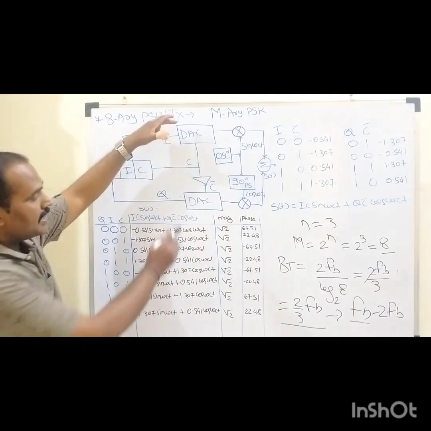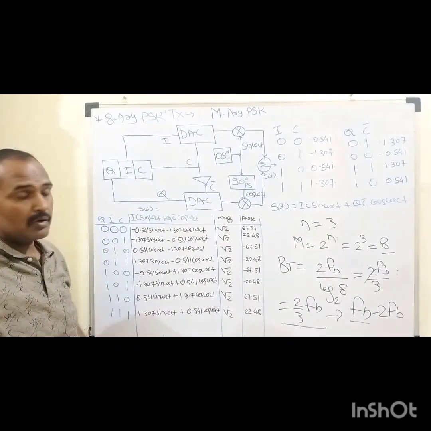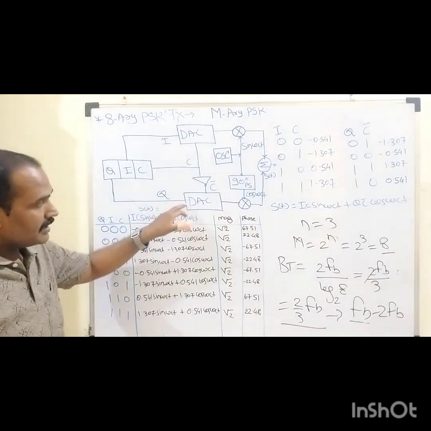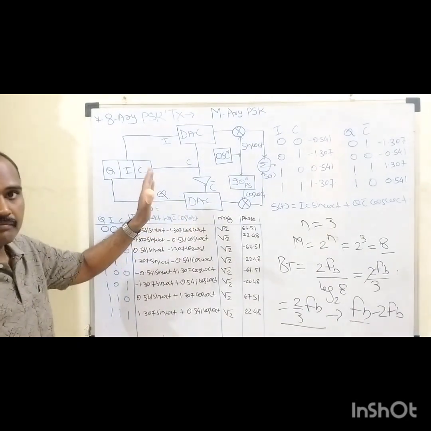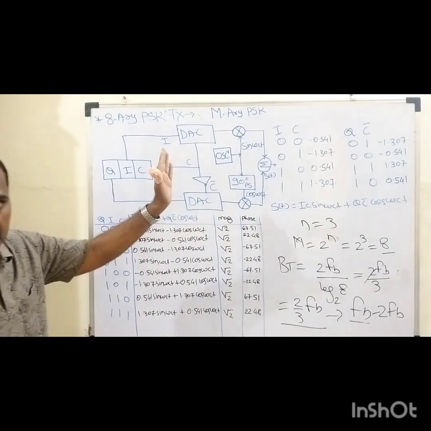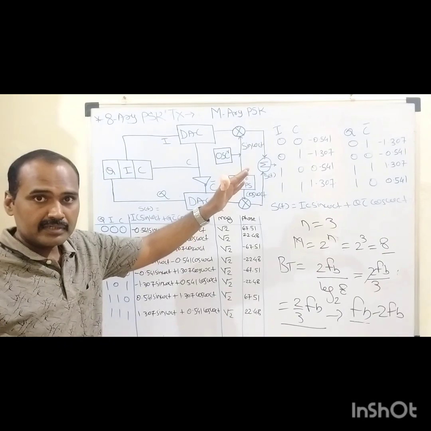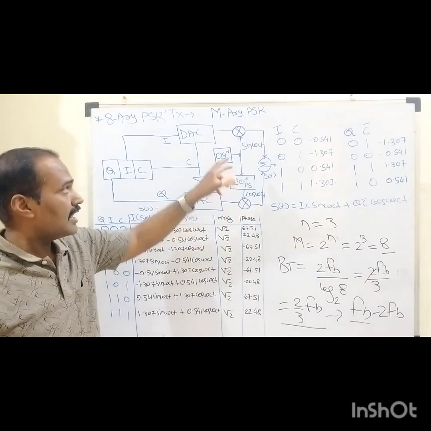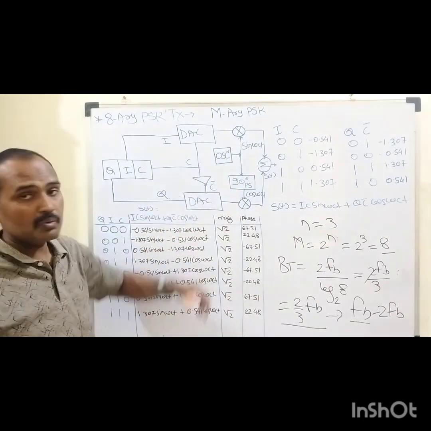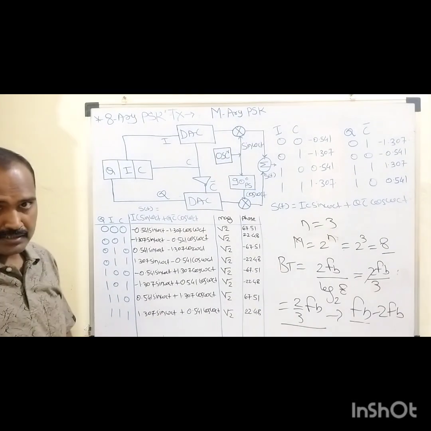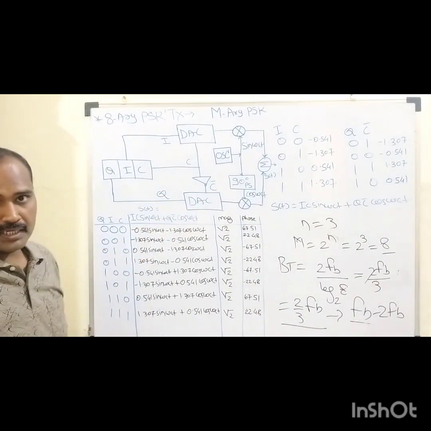So these 2 are nothing but the digital to analog converter belonging to the upper channel and the one belonging to the lower channel. Once this digital to analog converter has completed its desired work, after that we have these 2 product multipliers belonging to the upper and lower channel, right?